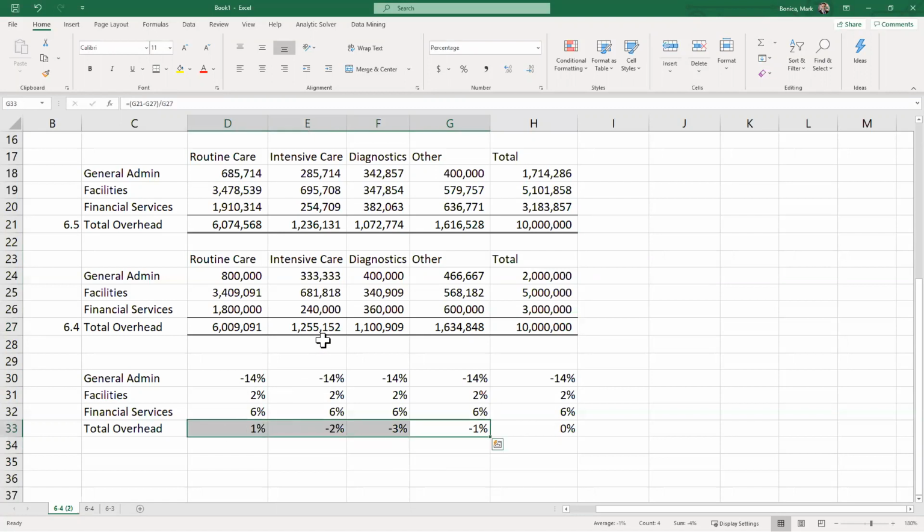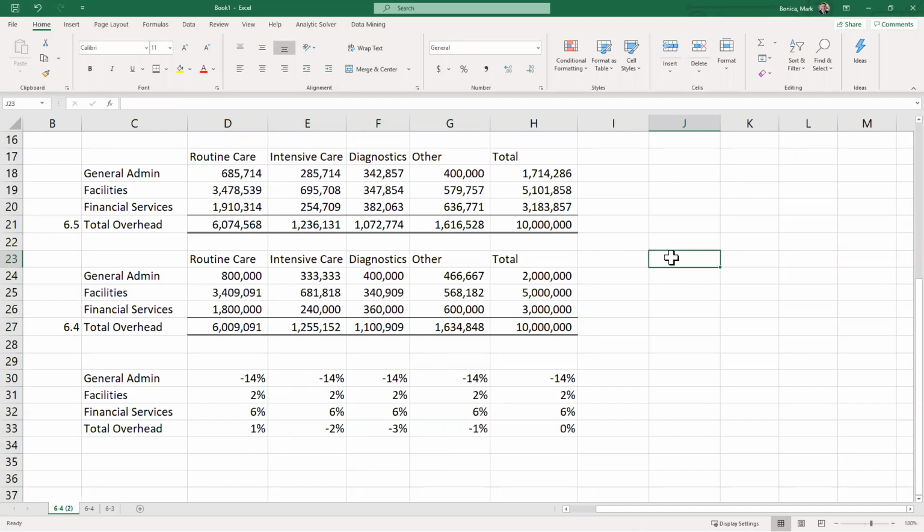How it's allocated does matter, of course, to the managers, but how much? The change going from direct to step down does not result in that much of a reallocation as did the changes when we went from 6.3 to 6.4 and came up with what I would argue were more accurate drivers. So really, the step down is probably a little more accurate, but the question becomes, is it worth the time and effort to do it?